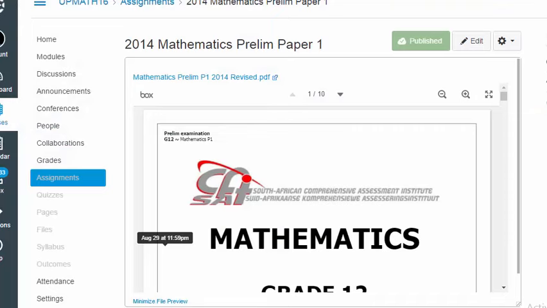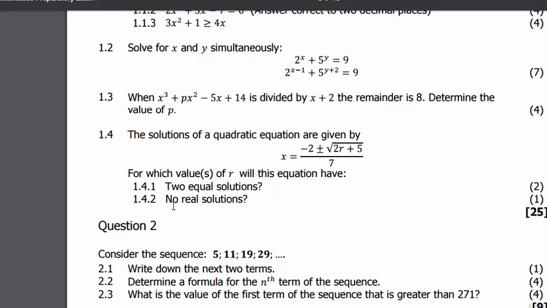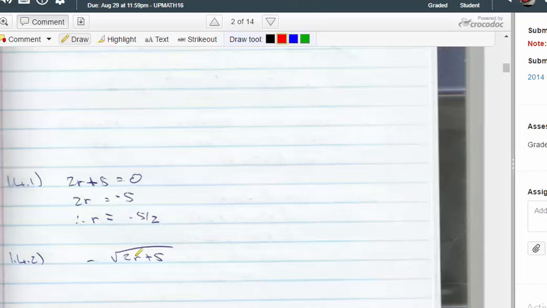Excellent. Next question is, when will it have no real solutions? And the student is not 100% understanding. It's when what is under the square root is smaller than 0. So it's very simple.